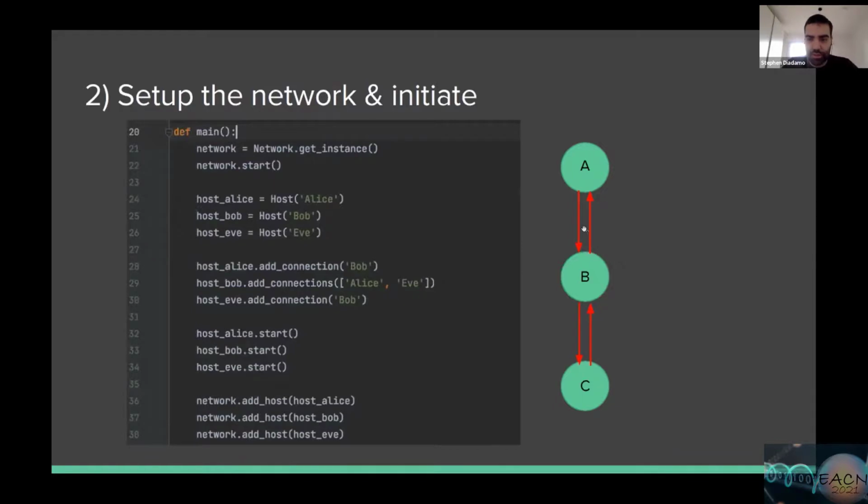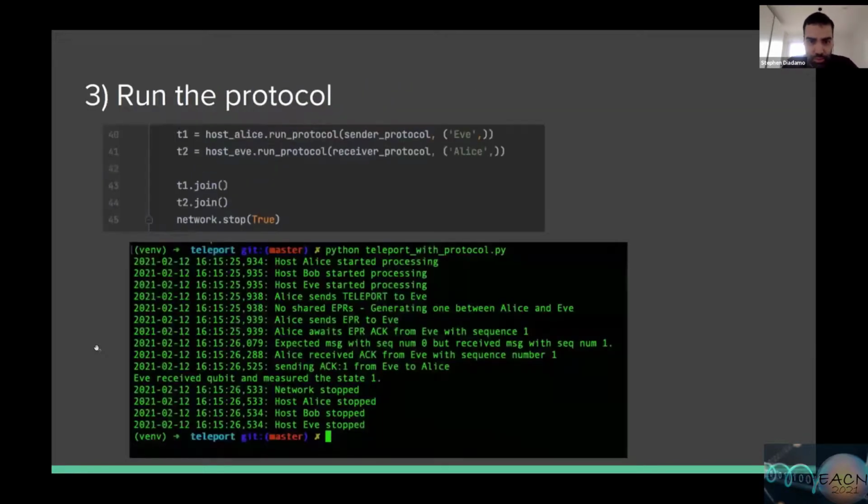Then we define the connections, start them listening, and then add them to the network, and the network will build a topology. And now we can run the protocols. We just tell the host to start running the particular function with the particular receiver. Then it launches two threads, and we just wait for them to finish. And then the simulation is done.